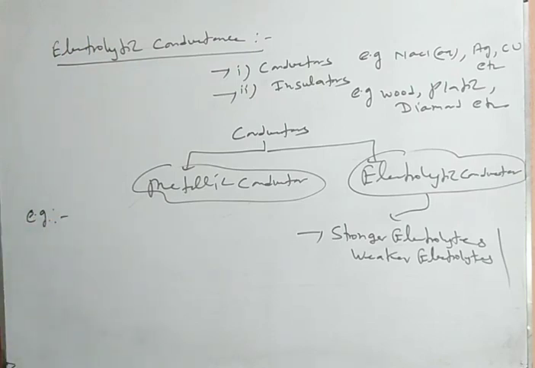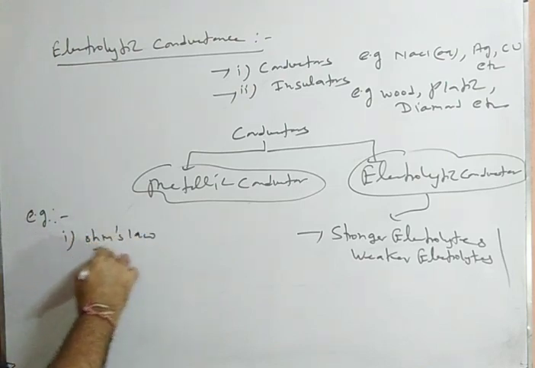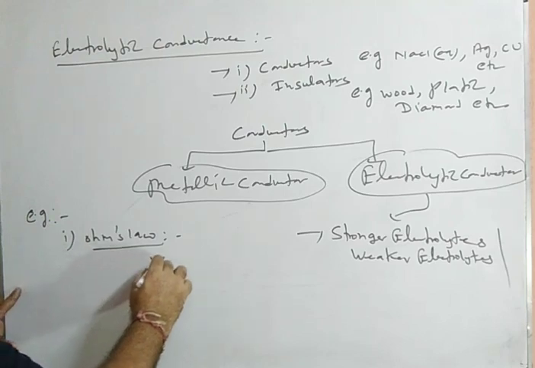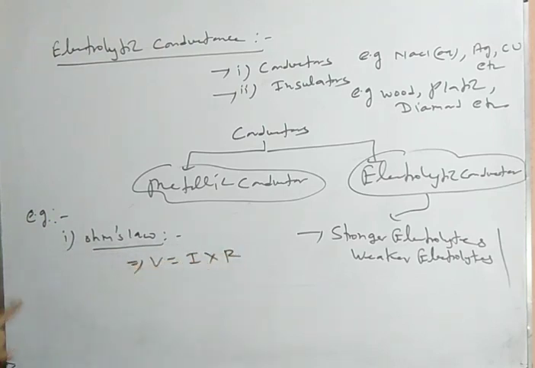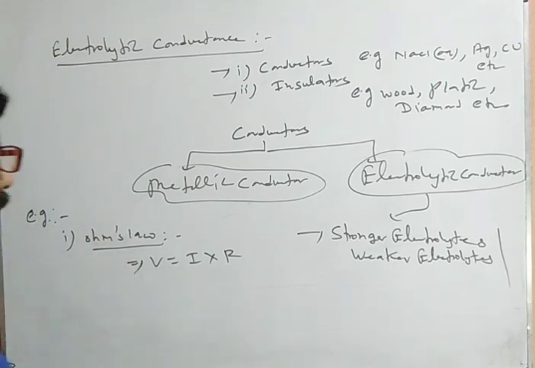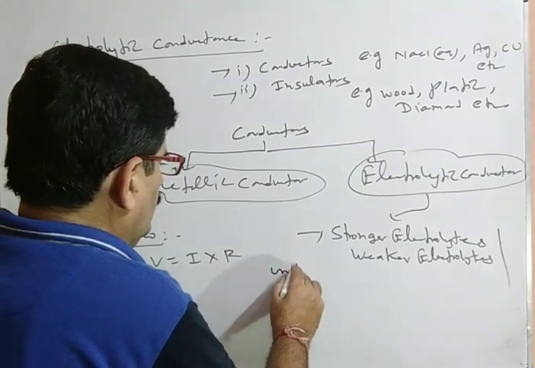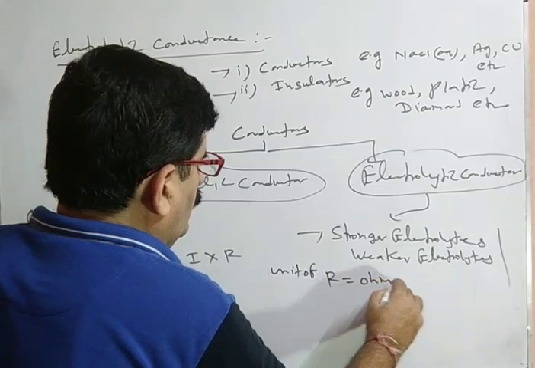In electrolytic conductance, first we know Ohm's law. What is the formula? V is equal to IR. V is volt, I is ampere current, R is resistance. The unit of R is called what? Ohm.